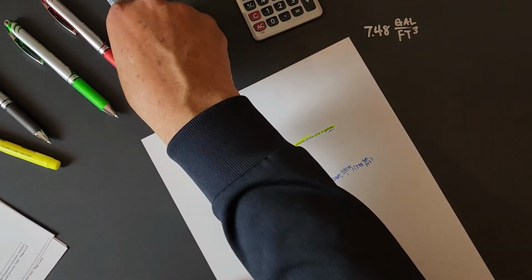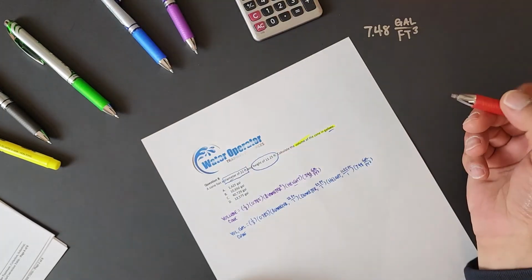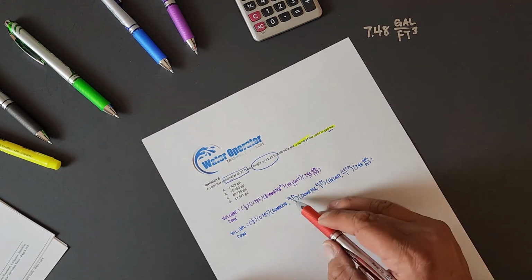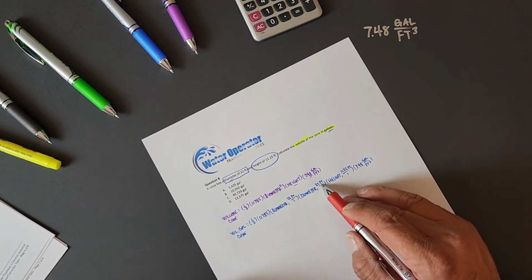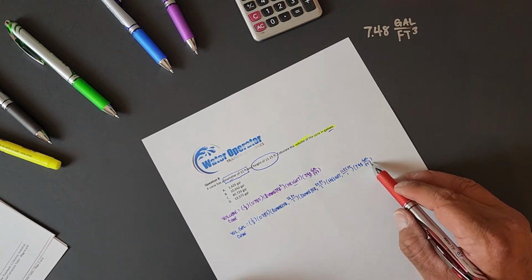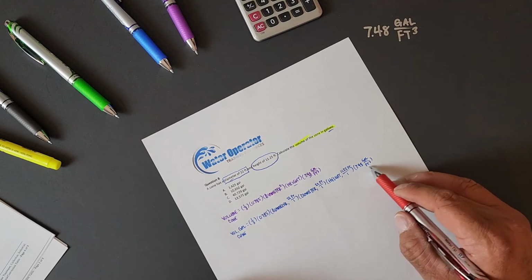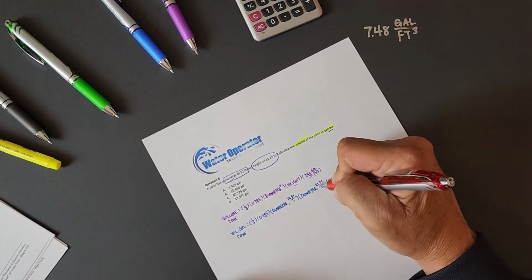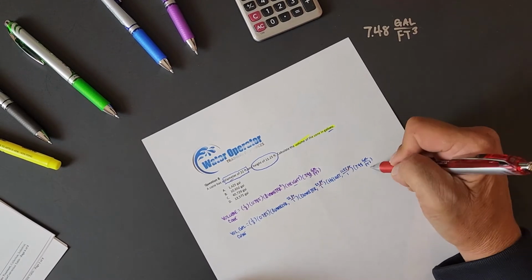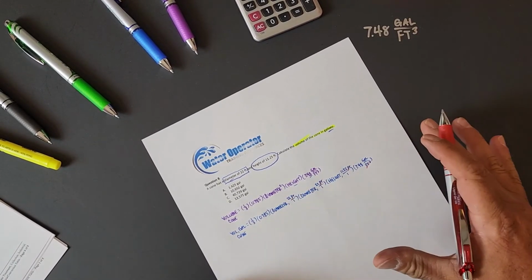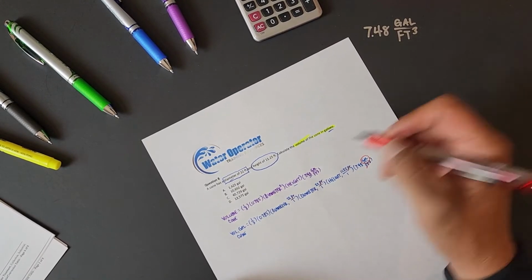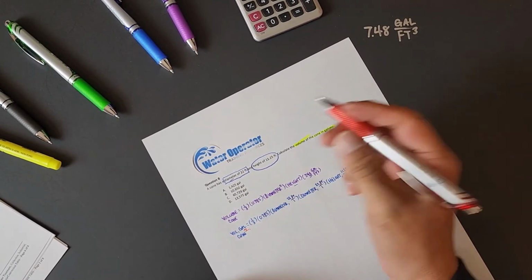Let's cross cancel. We have 22 feet, 22 feet, 11.25 feet, and below the dividing line we have cubic feet. So if I take out that foot, that foot, that foot, and cubic feet, they cross cancel each other out. I am left with gallons, which is what I'm looking for.